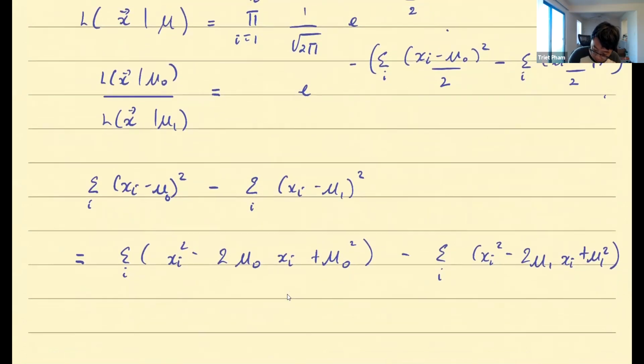And so notice these cancel, and the simplification goes to minus 2xi, there's a sum, mu naught minus mu 1, and then plus mu naught square minus mu 1 square. Question in any of these steps?